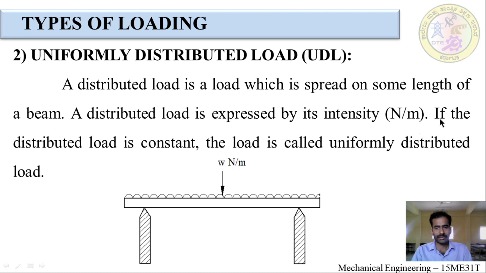If the distributed load is constant, then that type of load is called a uniformly distributed load, or UDL. This figure shows a beam with a uniformly distributed load, represented as small arcs, and it is W Newton per meter.